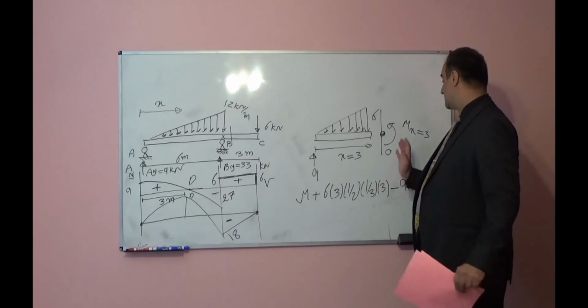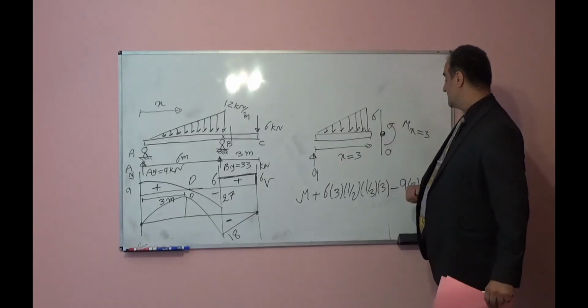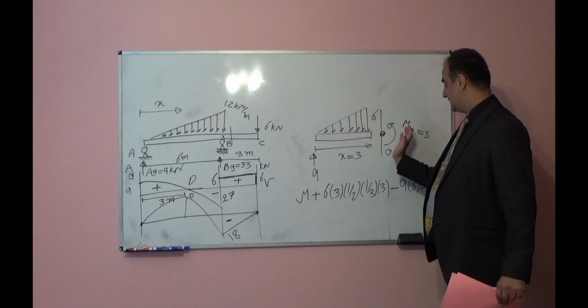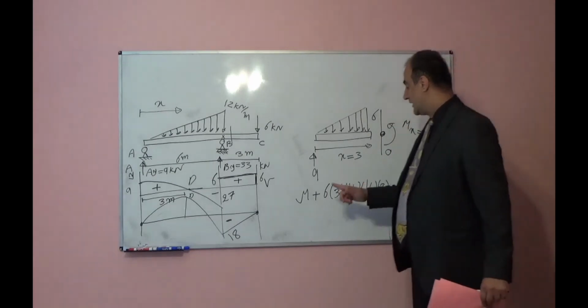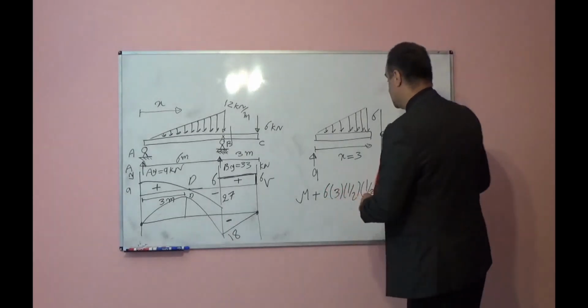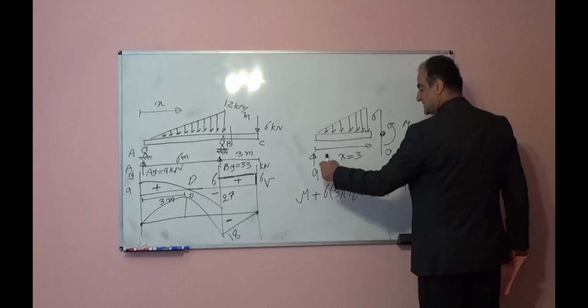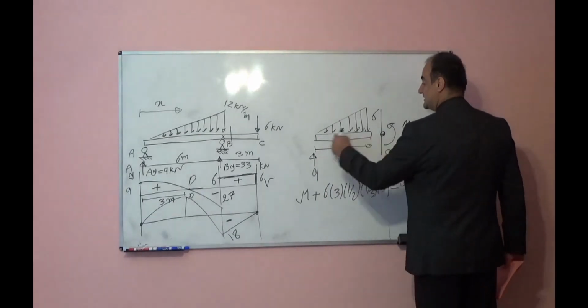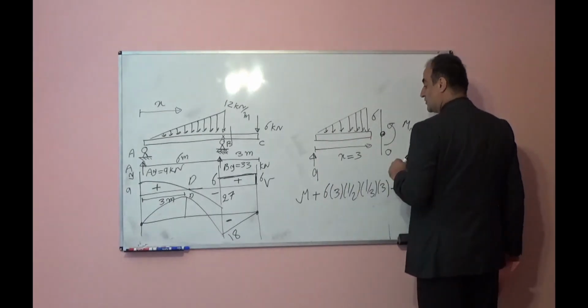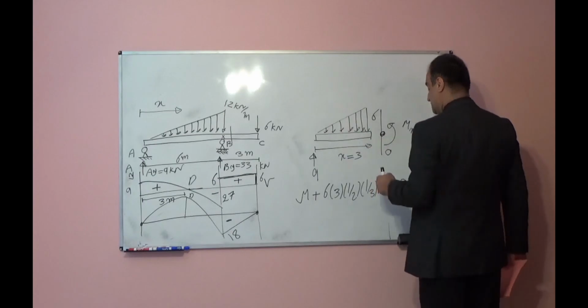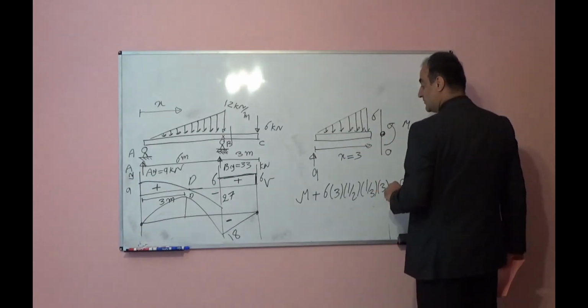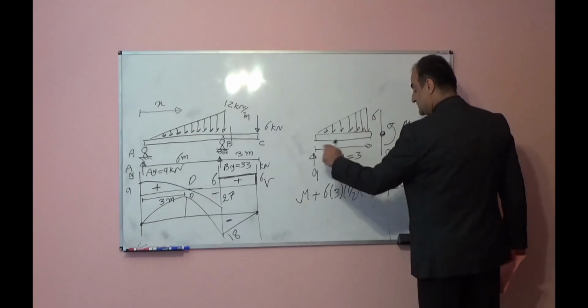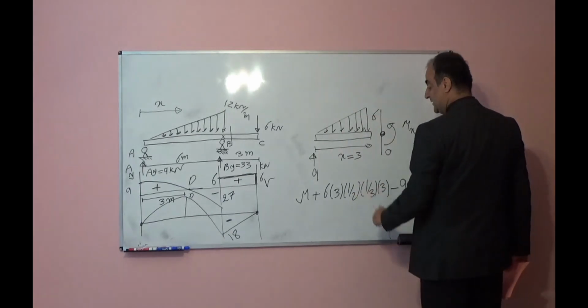So M minus 9 times 3, because 9 times 3 wants to rotate this segment respect to point O clockwise, so it is negative, plus 6 times 3 times half.